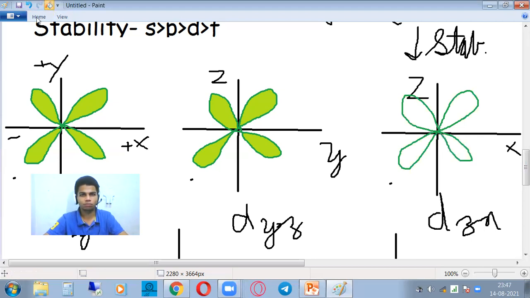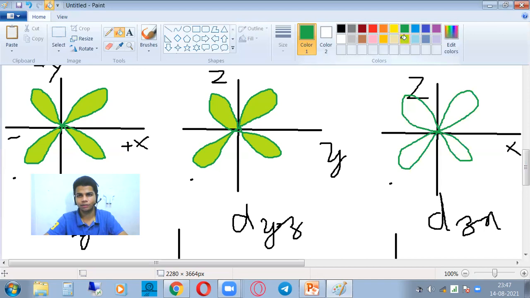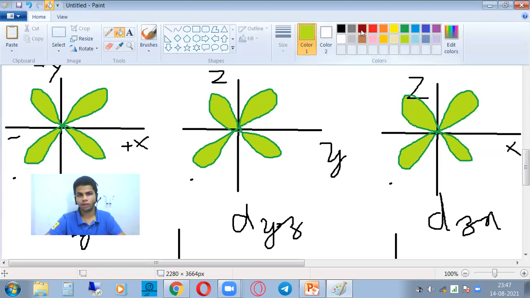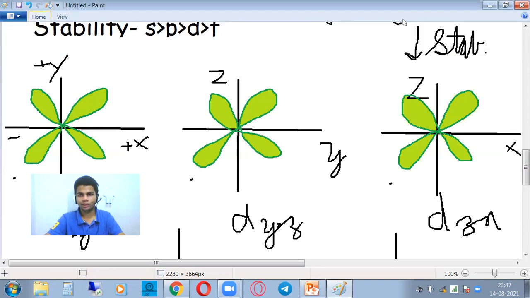I will also color this light green, this one, this one, this one, and this one. These light green portions are where you can find the electrons, with the maximum probability. You can find the electron in this region, but you cannot find it on the x and z axes.